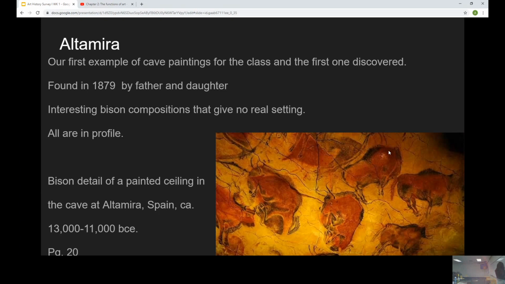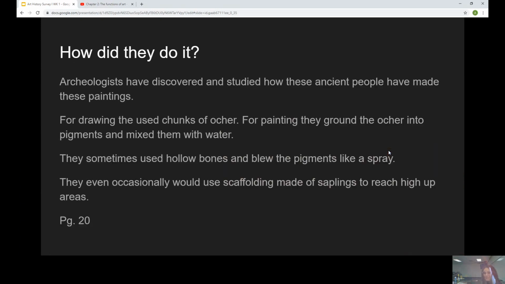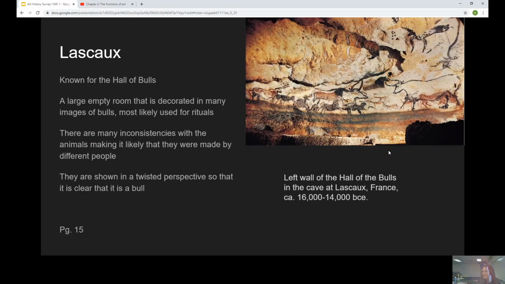It's not like they did them all like this. No, these are just all randomly around. In this group of bulls, there is more of a flat one level landscape going on. It looks like they're roaming around, versus some of the other cave paintings in which they're just randomly placed there.